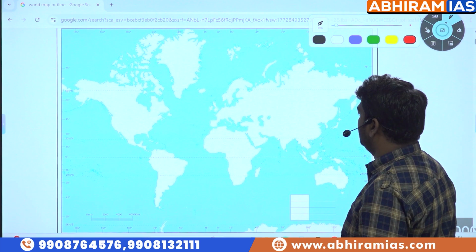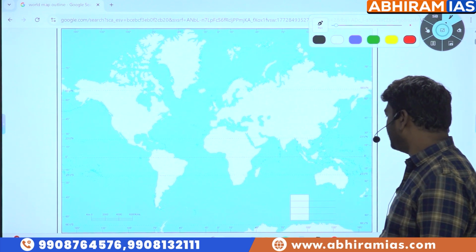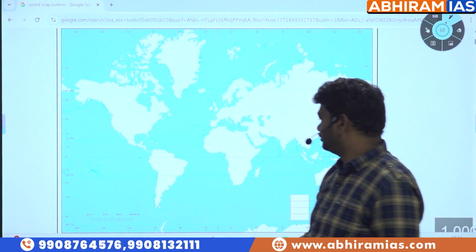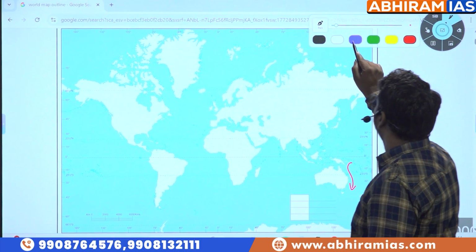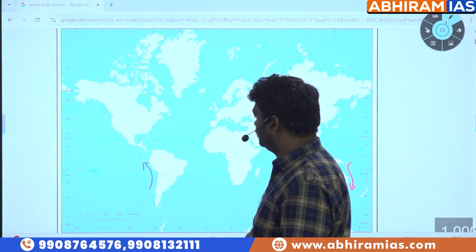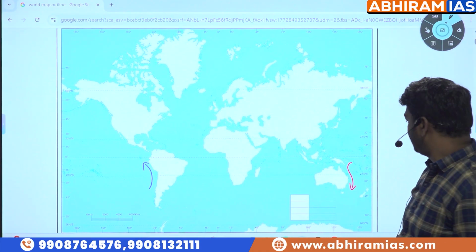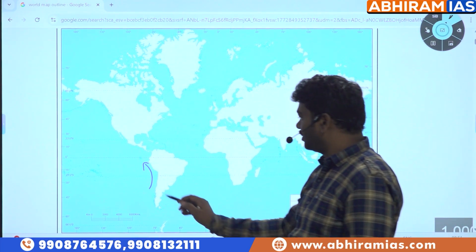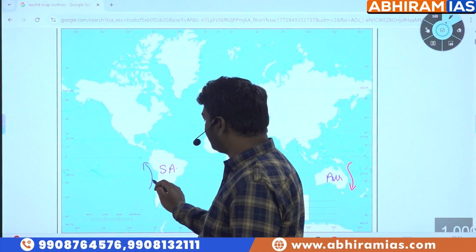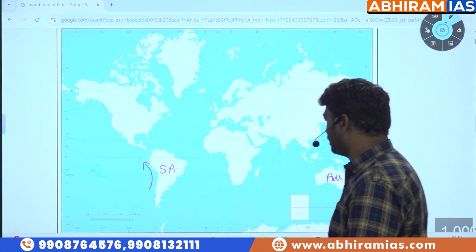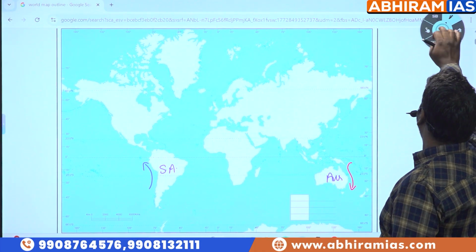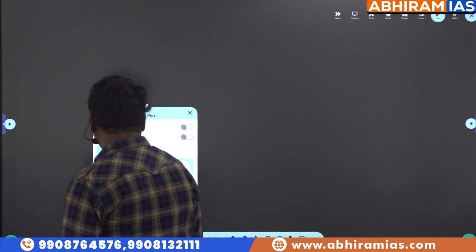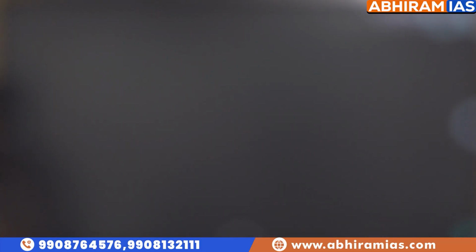Last one. Everyone, can you name this? Peru, Chile or Humboldt. See guys, Australia, eastern side warm water is there. South America, western side, what is there? Cold water. Okay. Now, you write El Nino and La Nina.